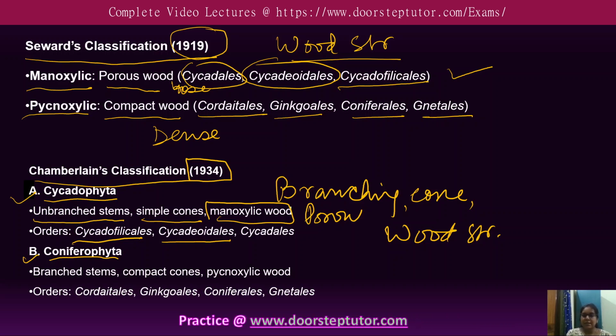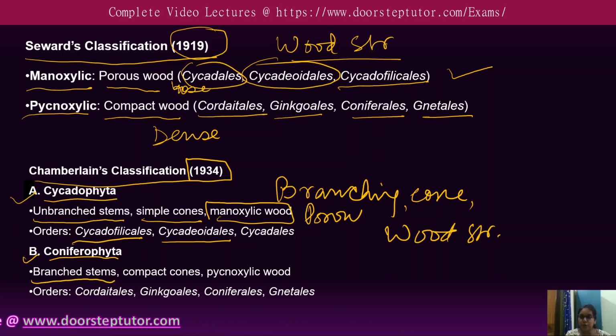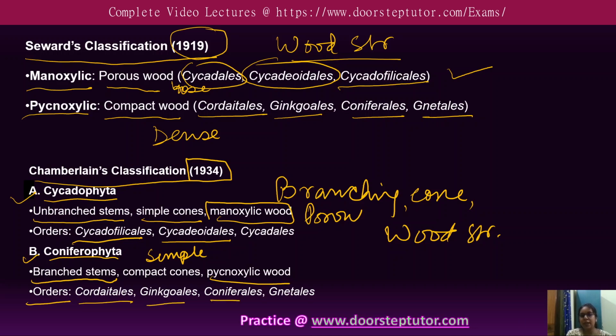Okay. Next is the Coniferophyta. Coniferophyta basically have profusely branched stems and very simple leaves, giving a cone-like appearance. They have pycnoxylic wood, and include the orders Cordaitales, Ginkgoales, Coniferales, and the Gnetales.